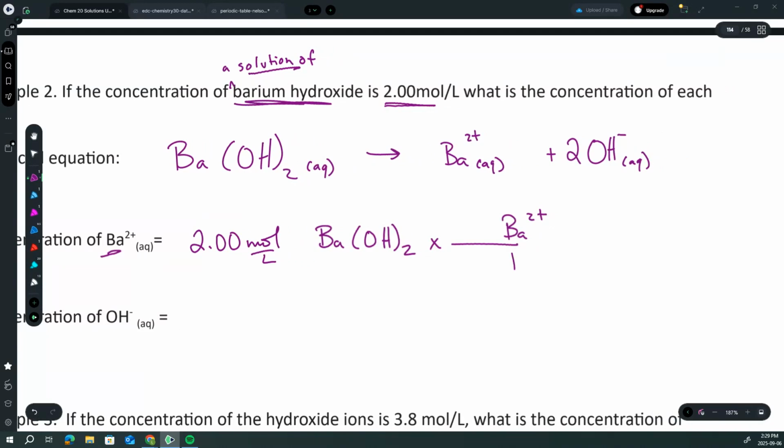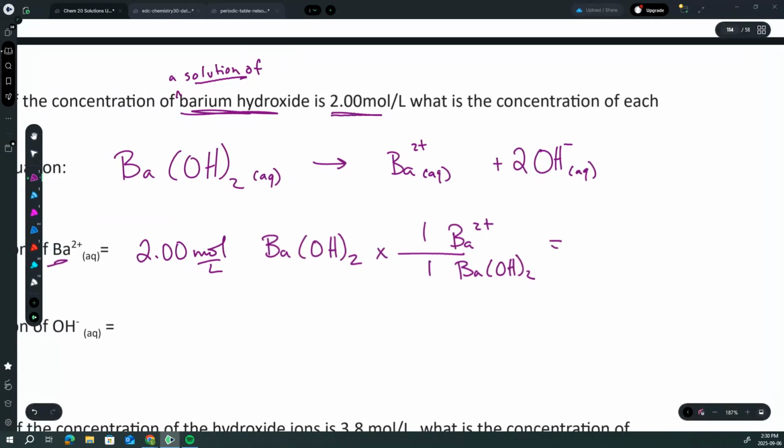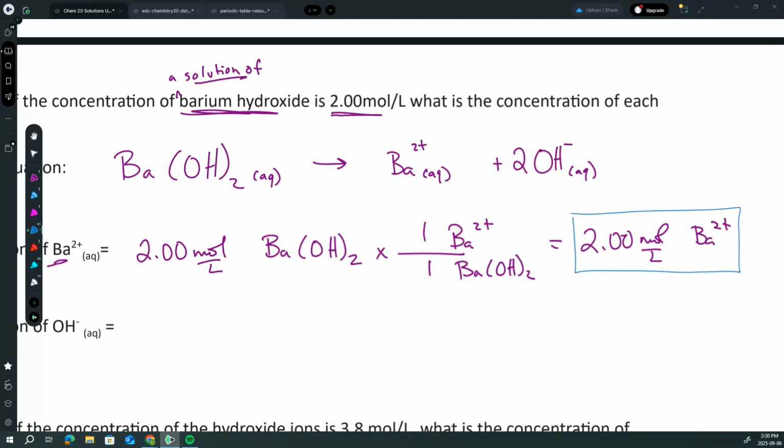What we're given, barium hydroxide. So the coefficient in front of the barium 2+ ion is 1. Coefficient in front of barium hydroxide, that's 1. So concentration is just 2 moles per liter of barium 2+. And that's already in the correct amount of sigdigs.